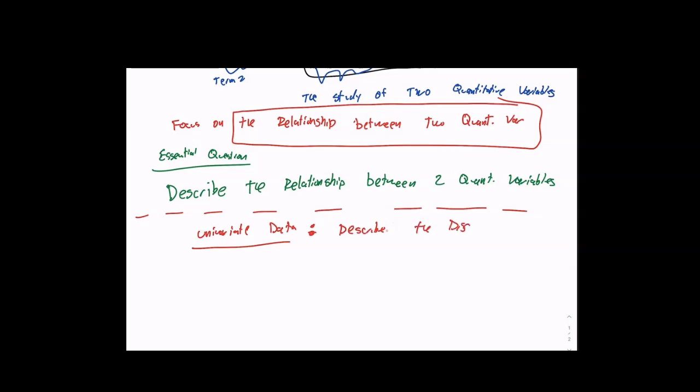You were asked to describe the distribution. And when we were talking about univariate data, one variable, we had our mnemonic device SOCS, where we talked about shape, outliers, center, and spread.